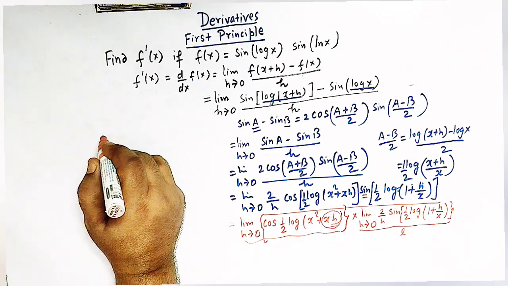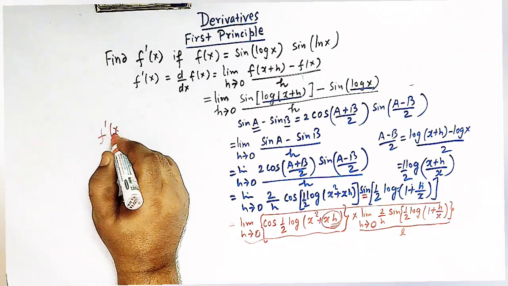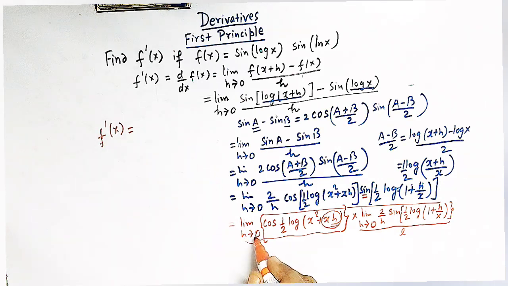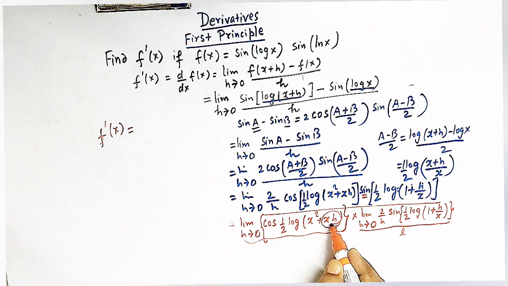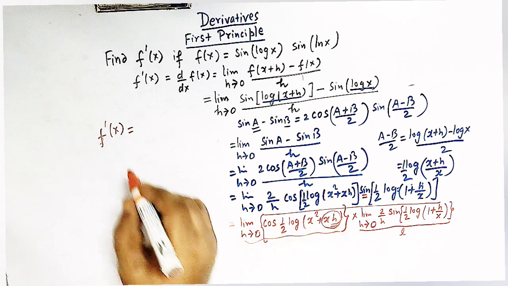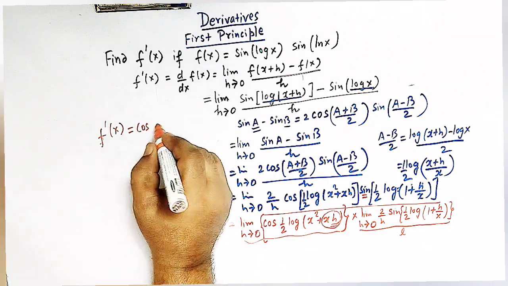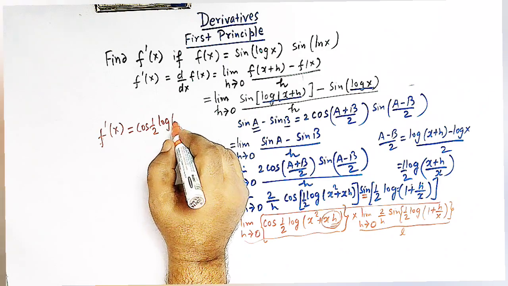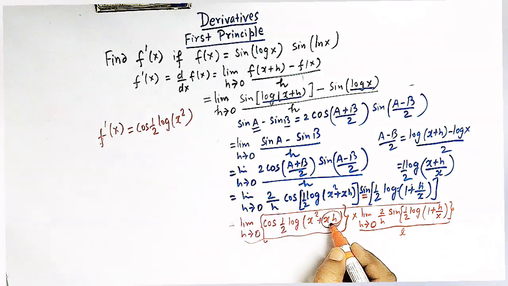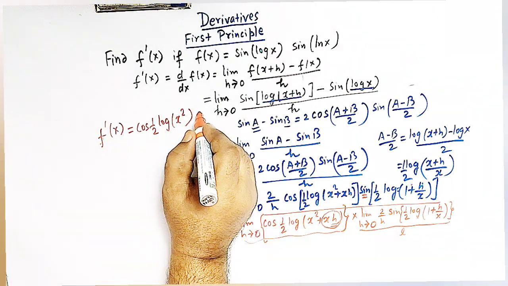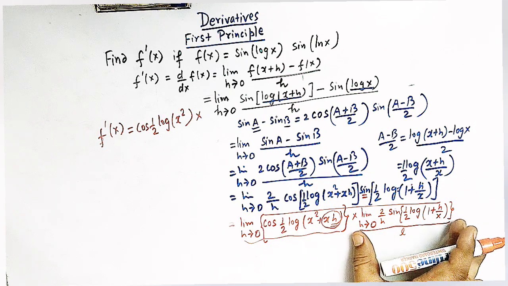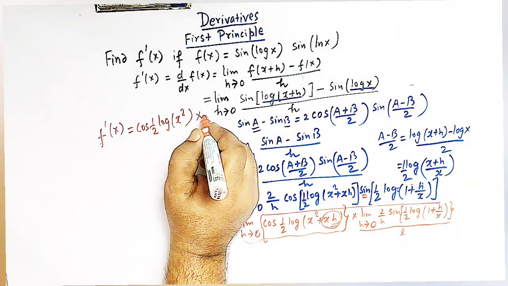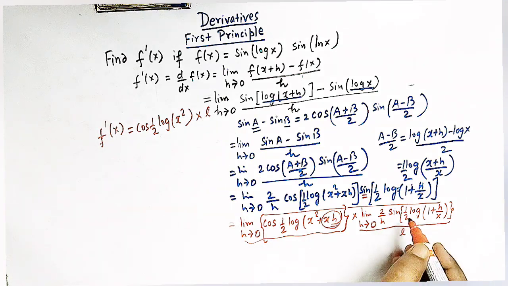So now the derivative f′(x) is given by the limit. Here when we take h tends to 0, this term is 0. So we have cos of half log of x², because this term is 0, multiplied with this limit, and we can call this limit L, and we'll solve it separately.